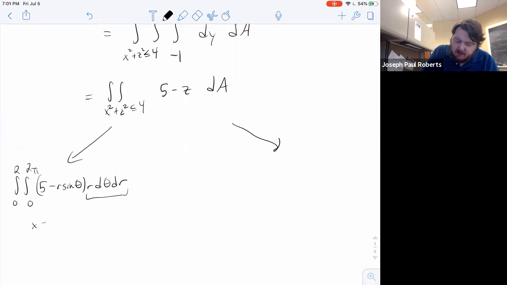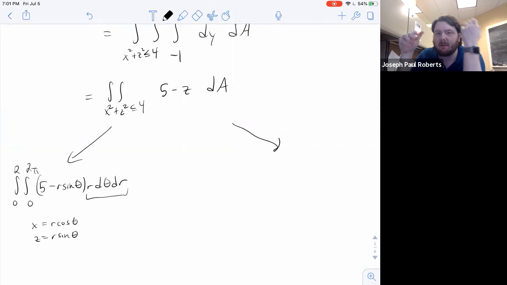Again, we usually switch x and y into polar, but these integration variables, or dummy variables as they're sometimes called, who cares what they're named? This answer ends up being a number, so who cares if it's an xy versus an xz double integral? Just like with regular polar where I switch x and y into polar, I could switch x and z into polar, and it works the same way.